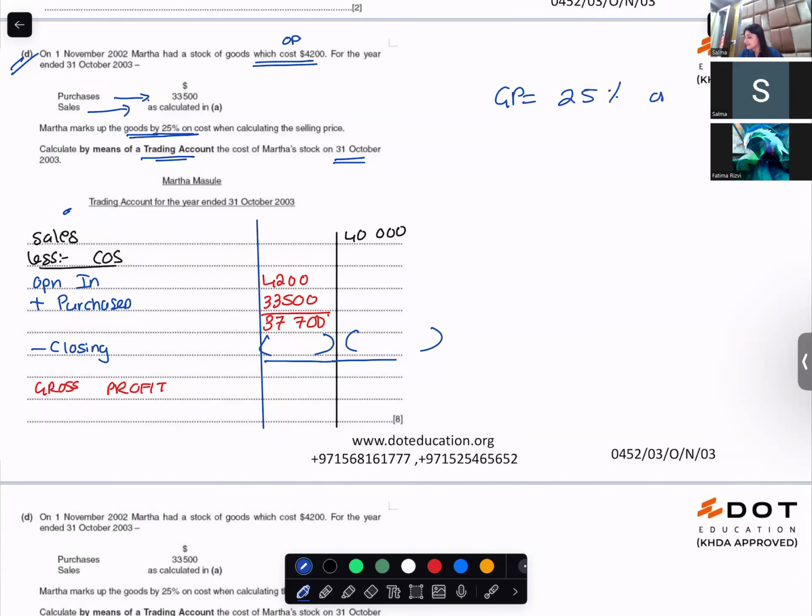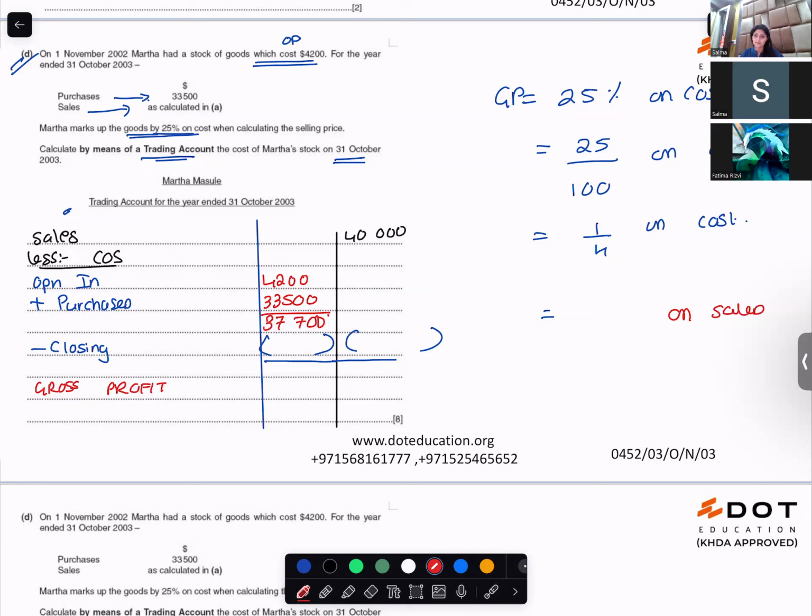Gross profit 25% is on costs. That is 25 by 100 on costs. That is 1 by 4 on cost. Do you have costs? No. So that means you have to convert this from on cost to on sales.